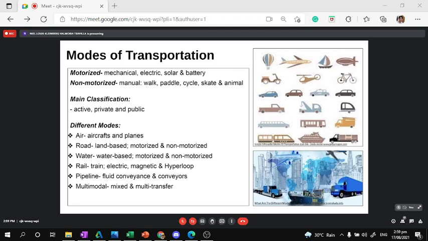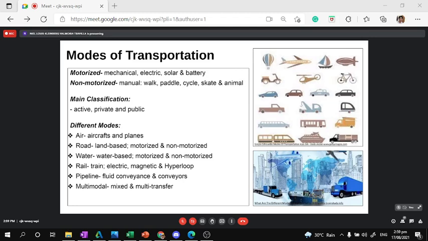Now, non-motorized is actually manual, very manual. You can walk, paddle, cycle, skate, or it can be animal driven. So, it's manual. So, that's non-motorized. So, no engine.